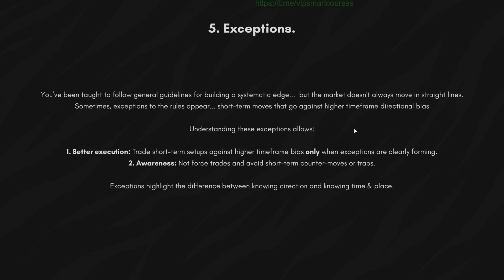The second thing is that it builds your awareness regarding these short-term moves, and because of this awareness, you'll stop forcing trades in market environments where these exceptions appear. For example, let's say that for the past 4 days, price has consistently formed bullish price action and closed bullish on the daily time frame.